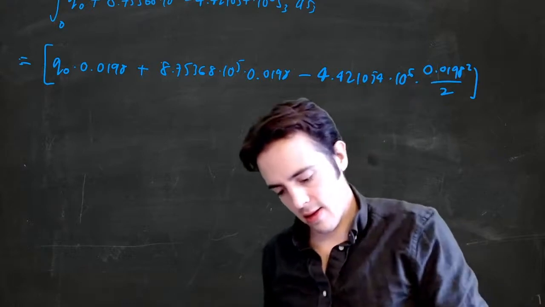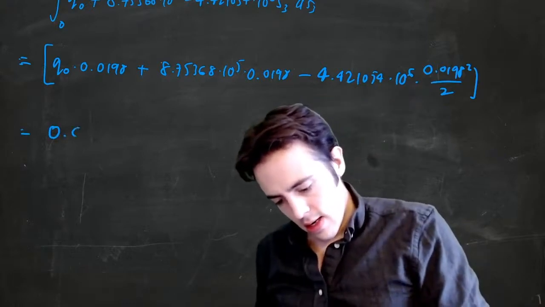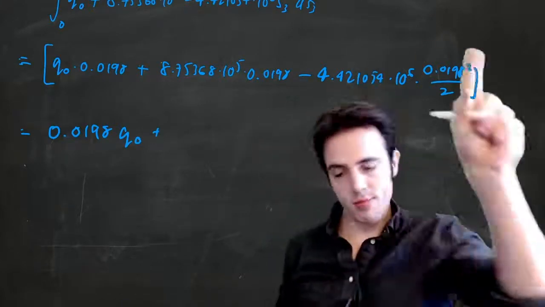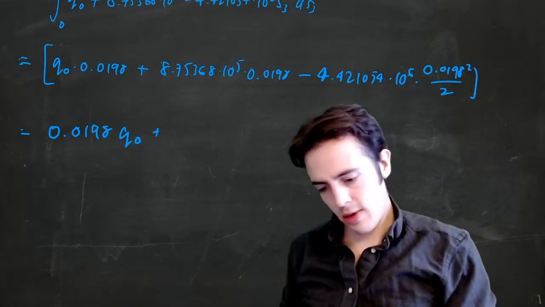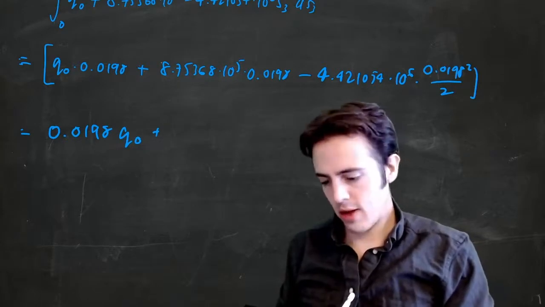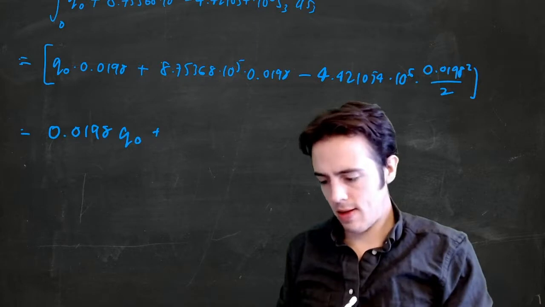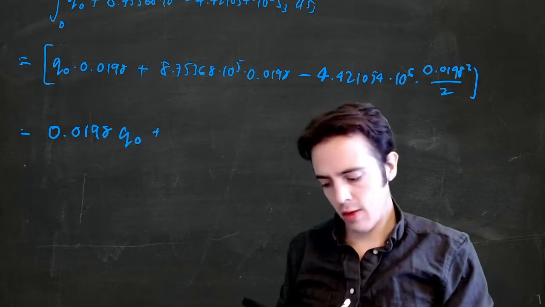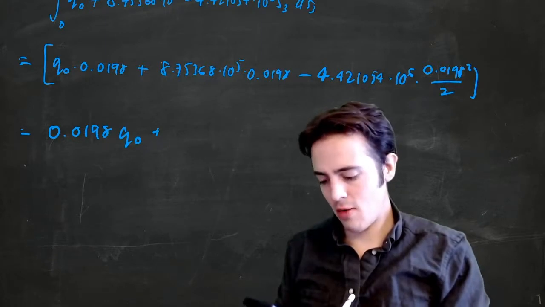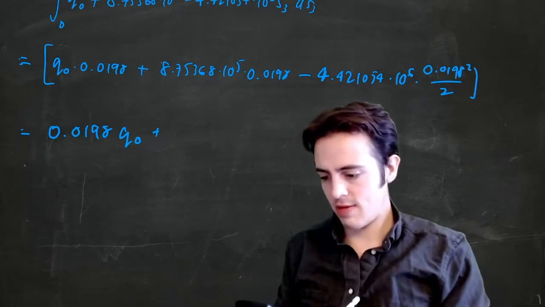So let's work out what this number is. 8.75368 times 10 to the 5 multiplied by 0.0198, minus 4.421054 times 10 to the 6 multiplied by 0.0198 squared divided by 2.